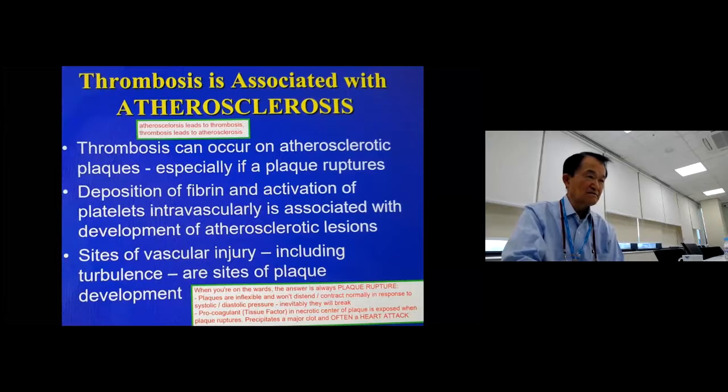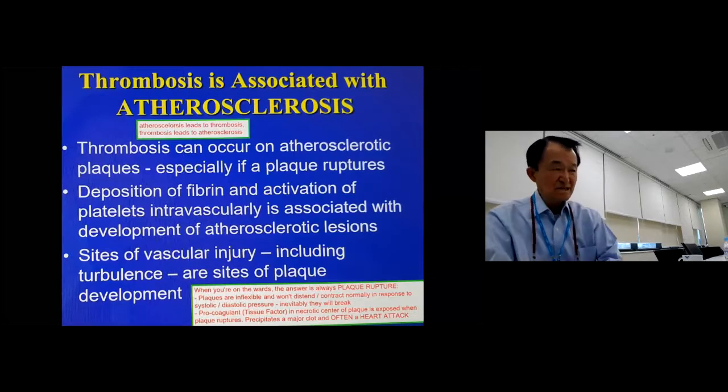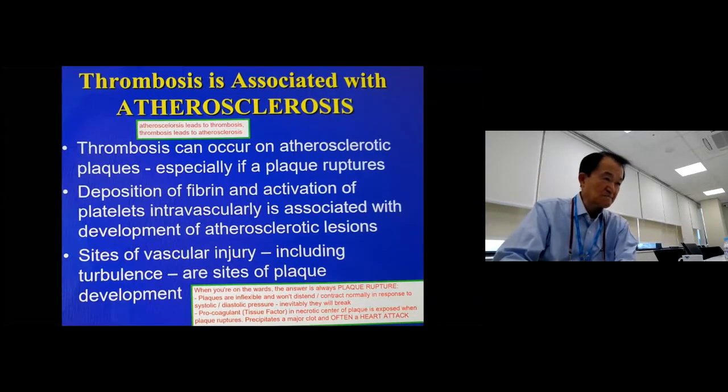So thrombosis is, as I mentioned earlier, atherosclerotic processes are usually the cause. But atherosclerosis leads to thrombosis, and then thrombosis leads to atherosclerosis. So it's vice versa.